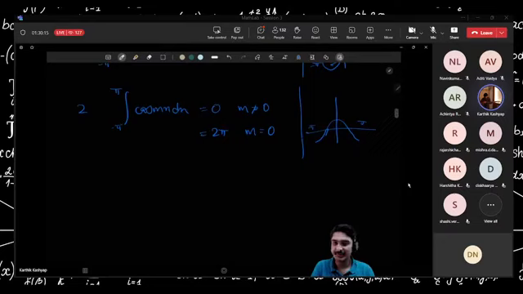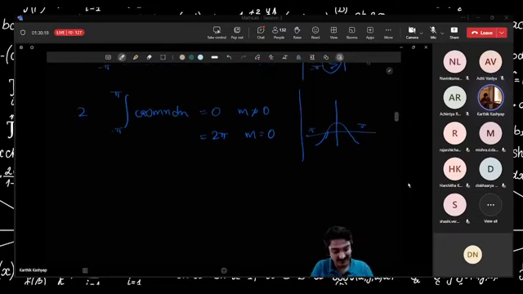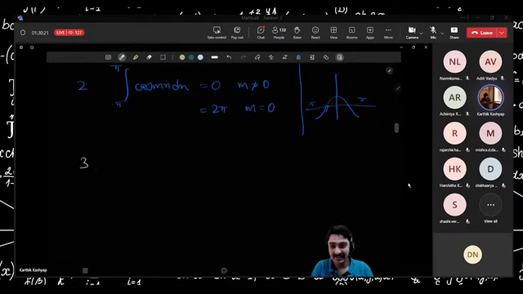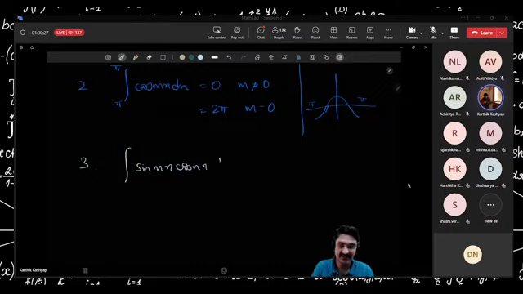Okay, so this is the second property that we have so far. We have taken the integral of sine and the integral of cos. So now, starting with the third one, let's take the integral of sine mx cos nx dx from minus pi to pi, of course. For this, according to trigonometric properties, we can write sine c cos d in terms of sine (c plus d) plus sine (c minus d), right?